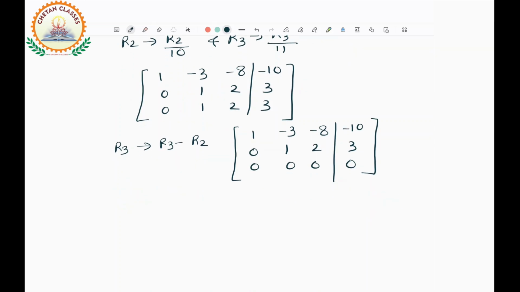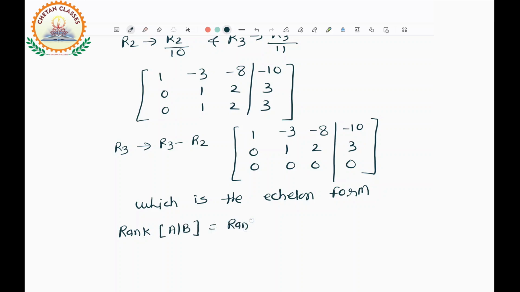So the rank of A is 2 and the rank of the augmented matrix is also 2. So this is the echelon form, and the rank of the augmented matrix is equal to the rank of A, which is equal to 2, but it is less than the number of unknowns.